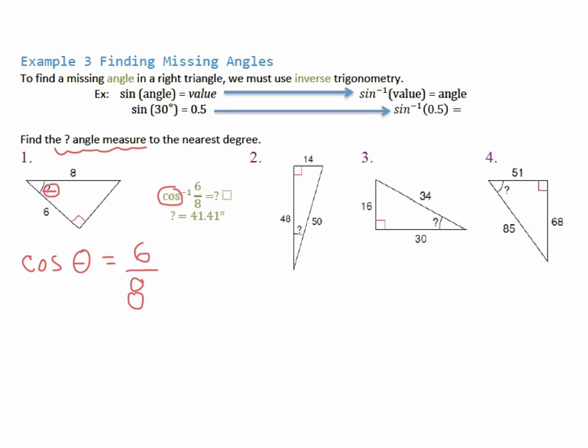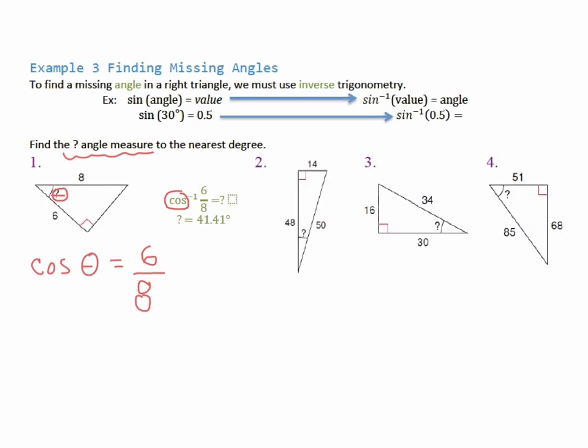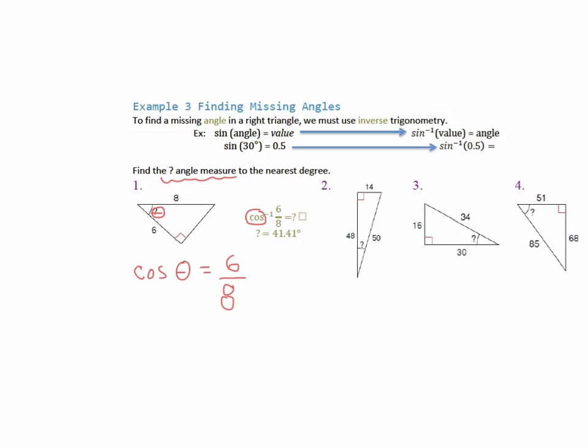So what we're actually going to do here is, shrink this down a little bit. What we're actually going to do here is multiply both sides by the inverse. We're going to use an inverse operation. It's just we write it differently in trig. The inverse of cosine is written cosine to the negative first power. You might remember from Algebra 2, anything raised to the negative first power kind of denotes an inverse.